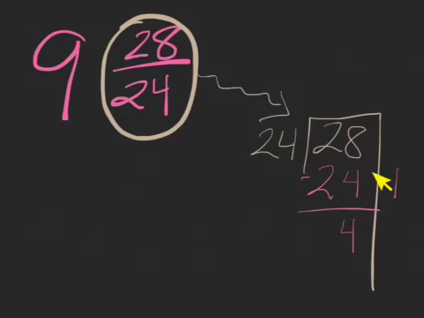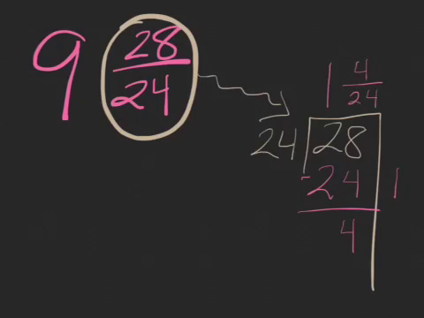So we've got our whole number, 1, and we've got our remainder, our fractional amount, 4. And we know what our denominator is because that hasn't changed. We're still talking about the same size pieces, 24ths.